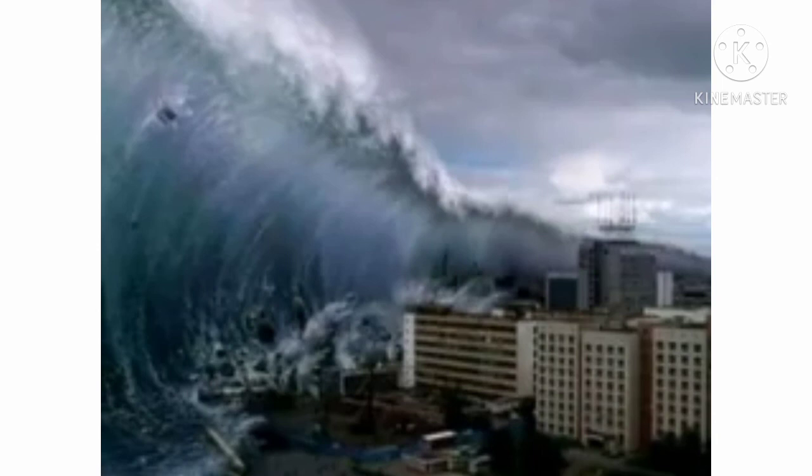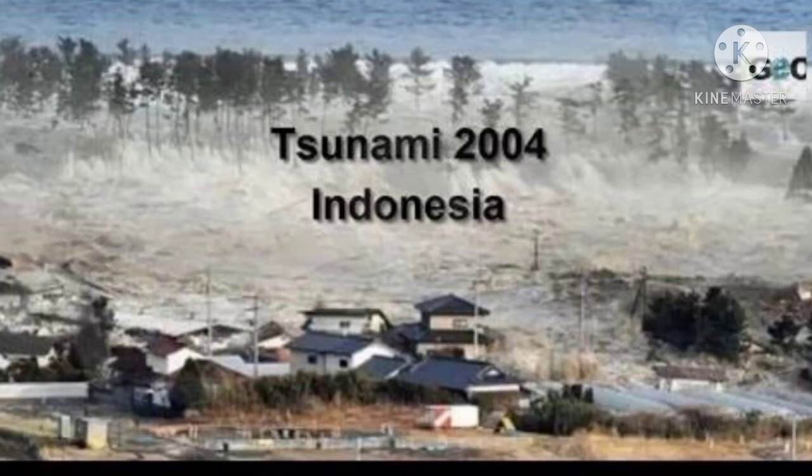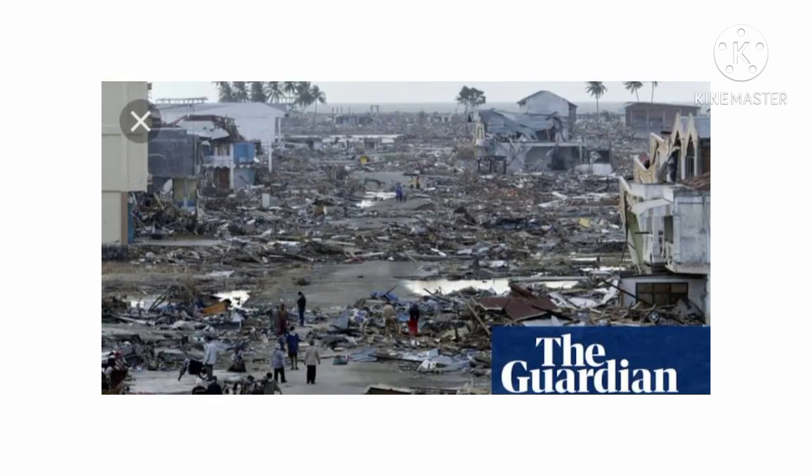These waves travel at speeds of more than 700 kilometers per hour. The tsunami of 2004 caused widespread damage in the coastal areas of India. Indira Point in the Andaman and Nicobar Islands got submerged after the tsunami.